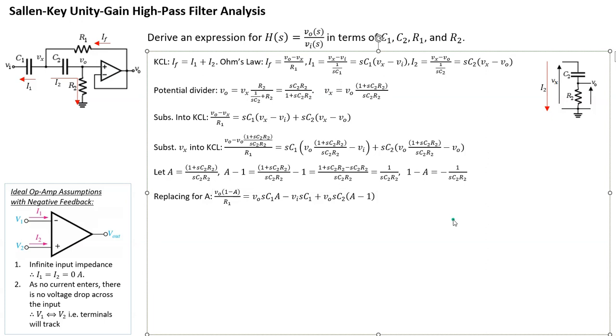So little v O, and then 1 minus A is just negative 1 over, so I'm going to copy this and put a negative sign in front of it, multiplied by this term.